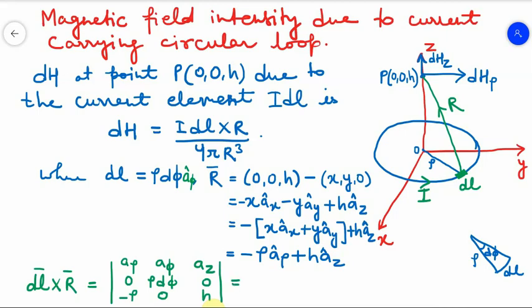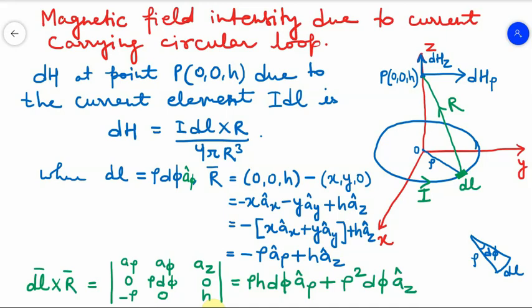Now we solve this determinant, and we will get rho h d phi in the direction a rho, plus rho square d phi in the direction az. So we have achieved this dl cross r.